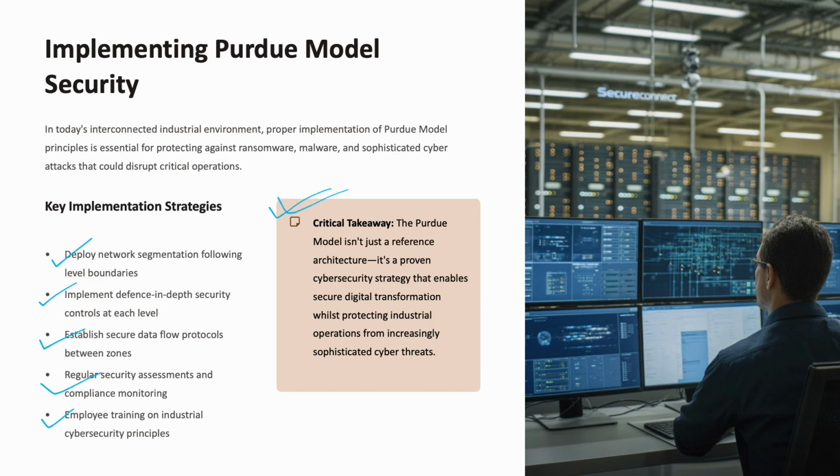It enables digital transformation and advanced connectivity, while at the same time providing robust protection for your industrial operation against an increasingly sophisticated threat landscape. Implementing these strategies is essential not only to comply with standards but to protect your operation, business continuity, and reputation in this digital era. Thank you so much for watching this video.